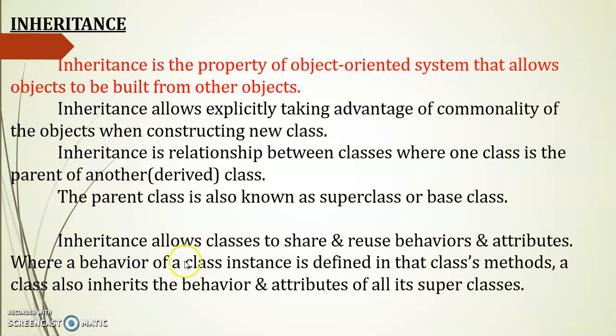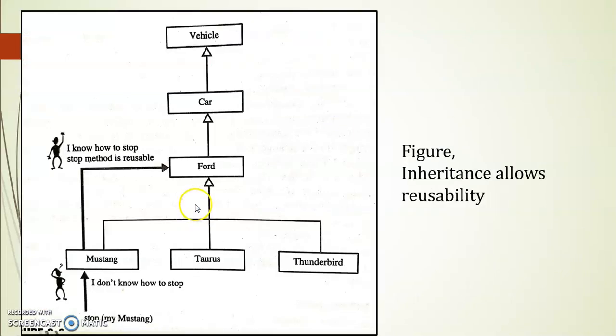Inheritance is the property of object-oriented system that allows objects to be built from other objects. Here is an inheritance example. If this Mustang class does not know the procedure to stop, then it goes to the superclass to know how that operation is to be done.